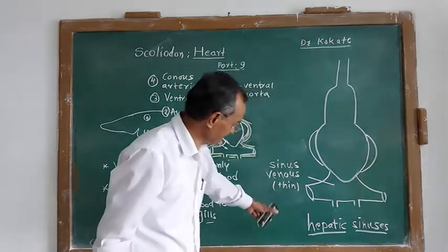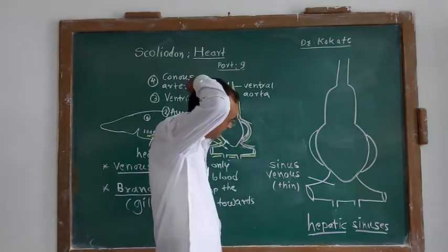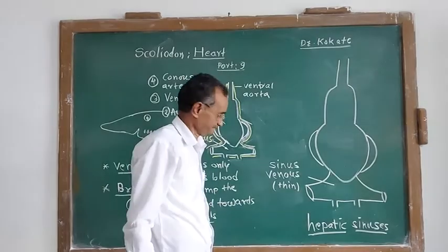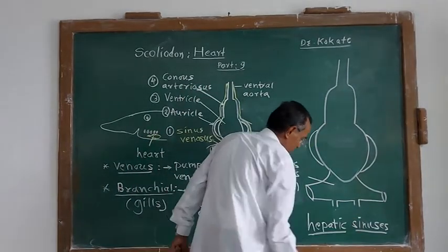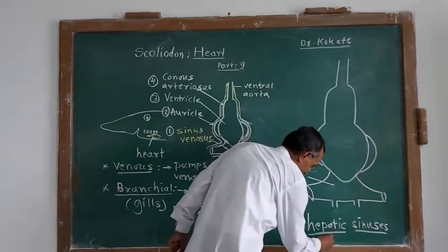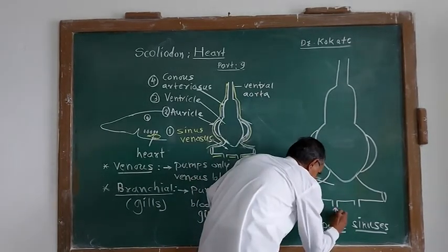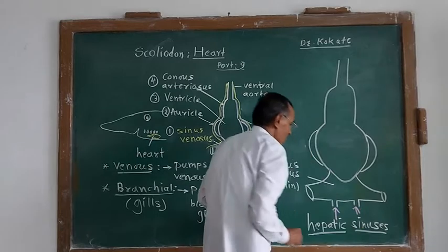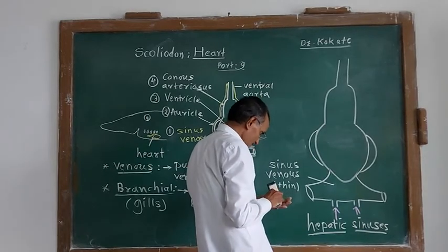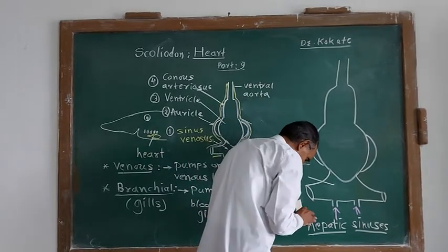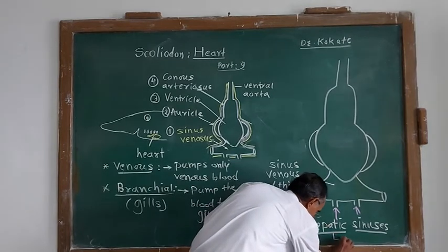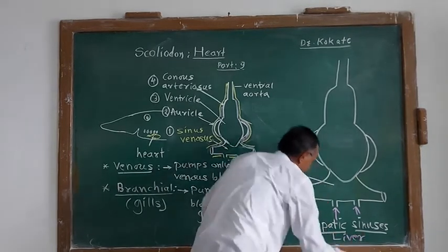So the hepatic sinuses receive the deoxygenated blood from the liver. From the liver, deoxygenated blood is collected by these two hepatic sinuses. I write here liver. They collect the blood from the liver.